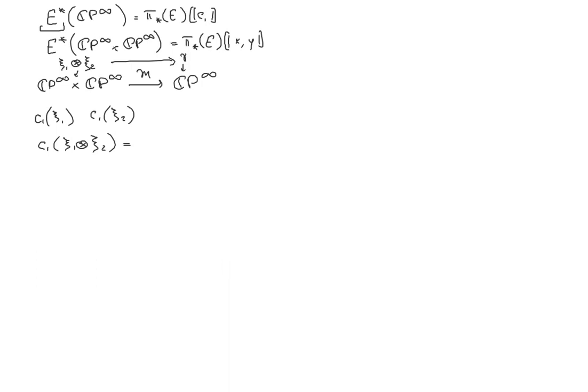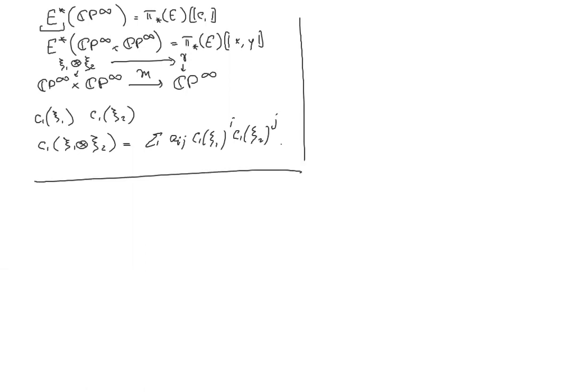Since the second cohomology of the product is formal power series in terms of x and y, there is a description. C1 of this can be represented as the sum of aij C1 of psi1 to the power i, C1 of psi2 to the power j. So there is such a description.